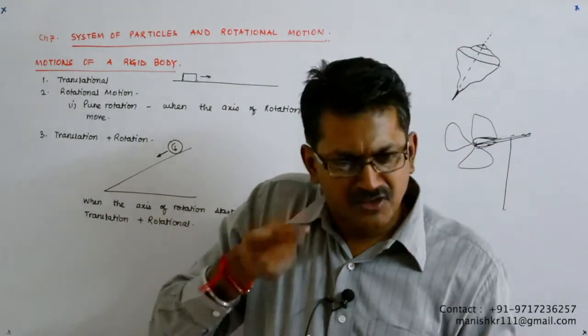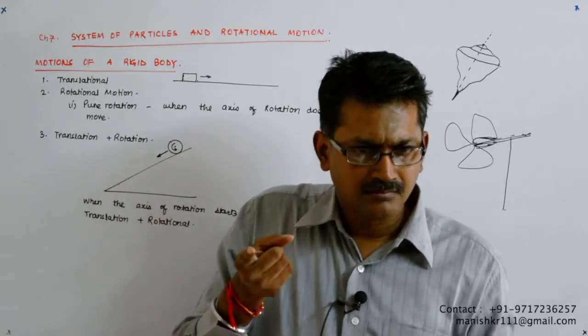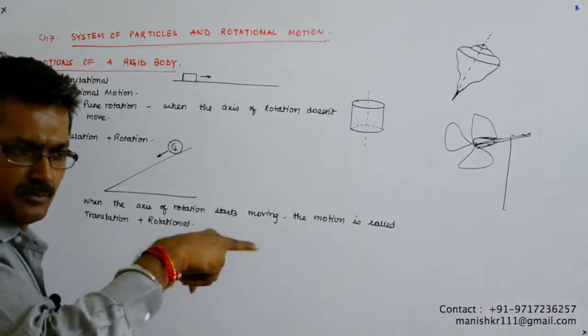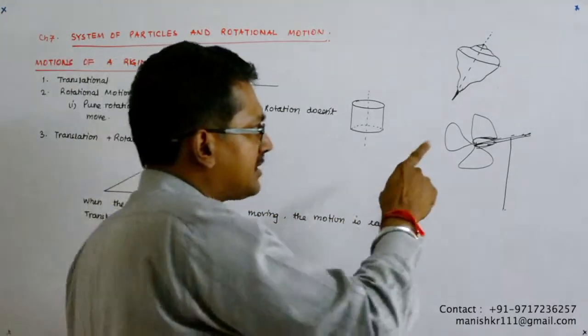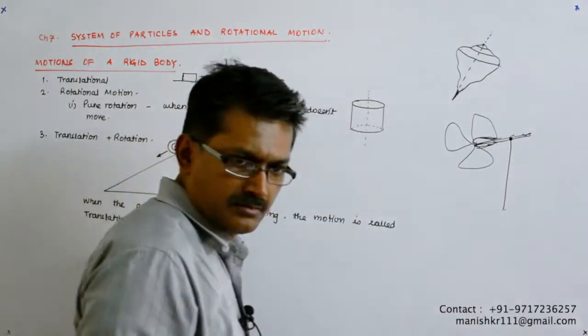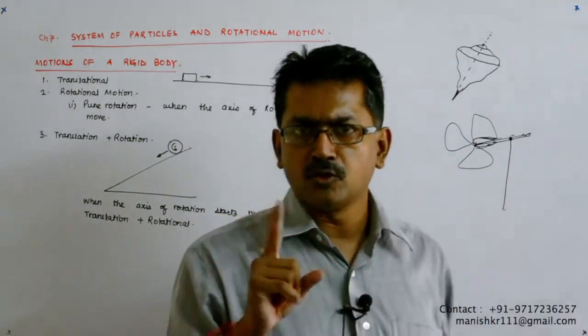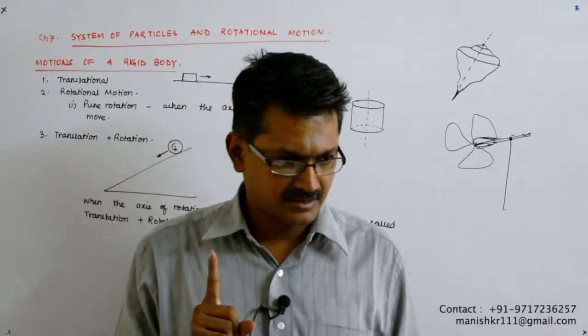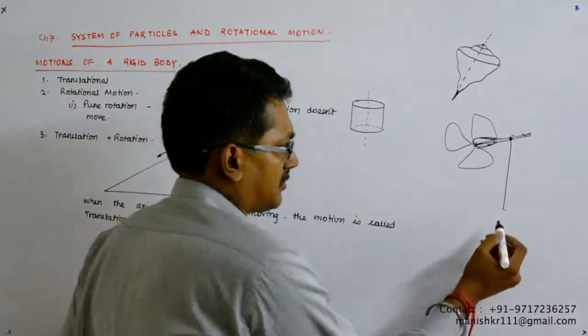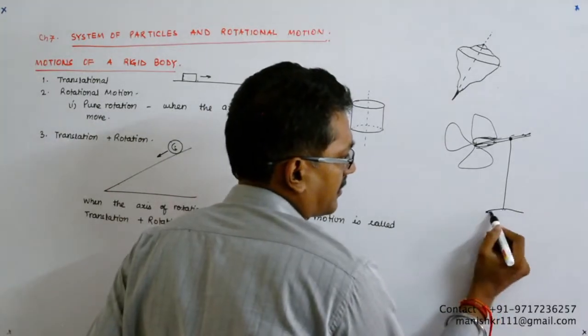That spindle about which the fan is moving. That passes through a fixed point, which is somewhere here. Is it not? The whole body moves, but that one point remains constant. And that lies on this rod, which actually is there, right?